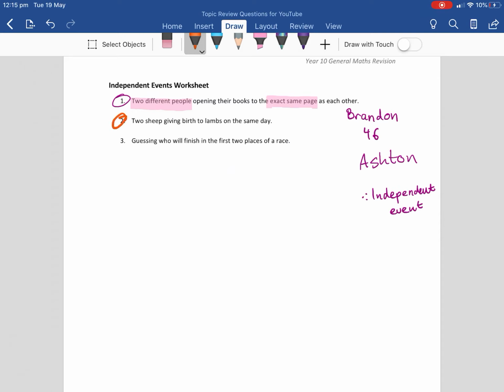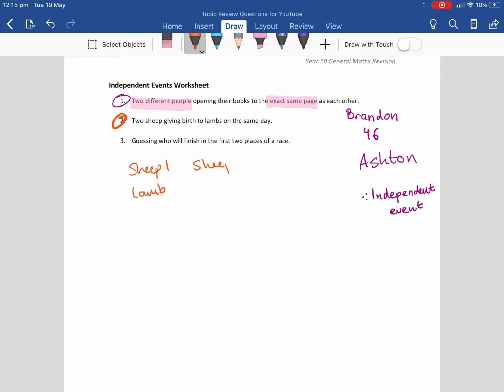So we've got 2 sheep giving birth to lambs on the same day. Sheep 1 gives birth to a little lamb.